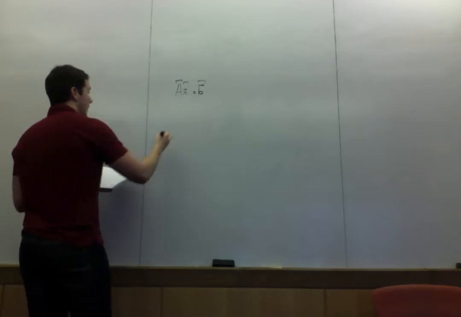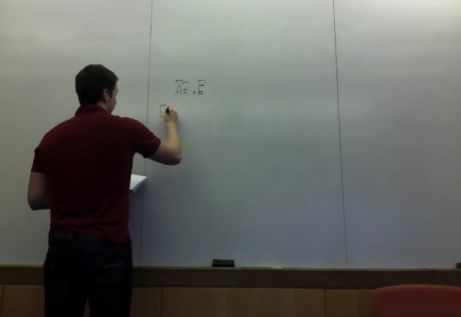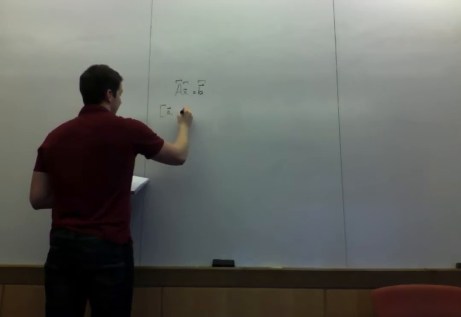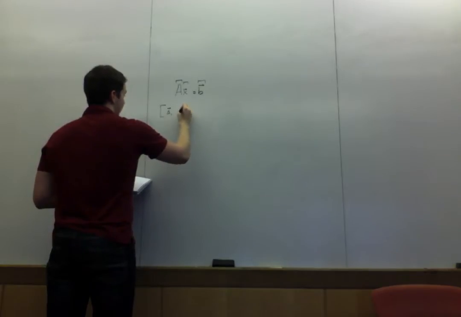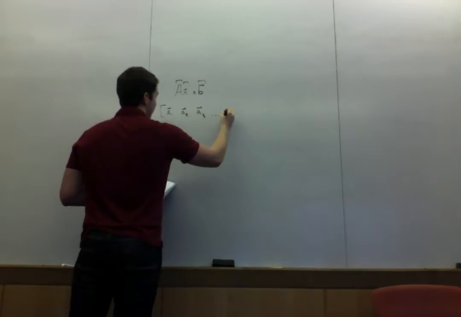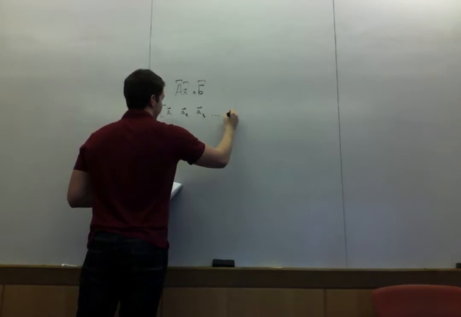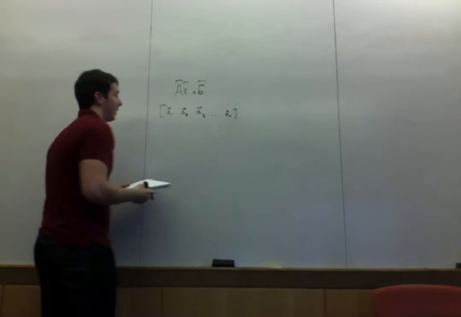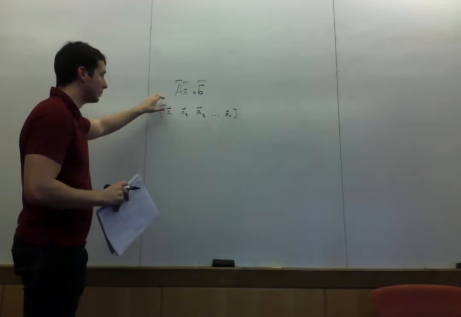Writing this out, our matrix A is really just a combination of column vectors.